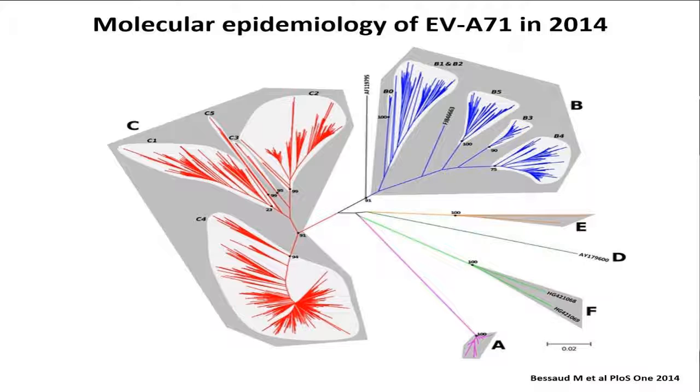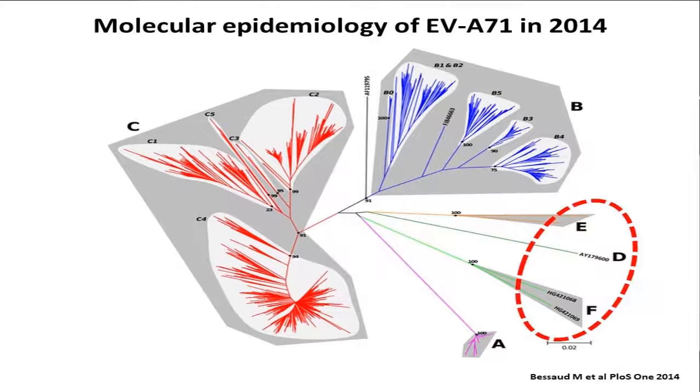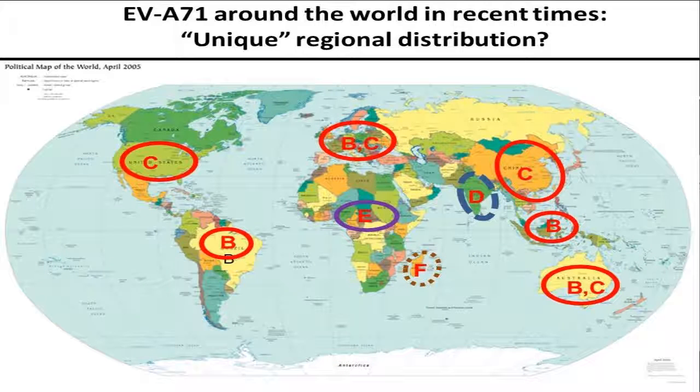Now we see from Africa, we've got E and F. A little bit about the distribution of the different unique genogroups of EV71s around the world. I think in Europe, you have a lot of C1s, but they don't tend to cause nasty clinical syndromes. A lot of them are asymptomatic. You have the D there and the new E and Fs over here.